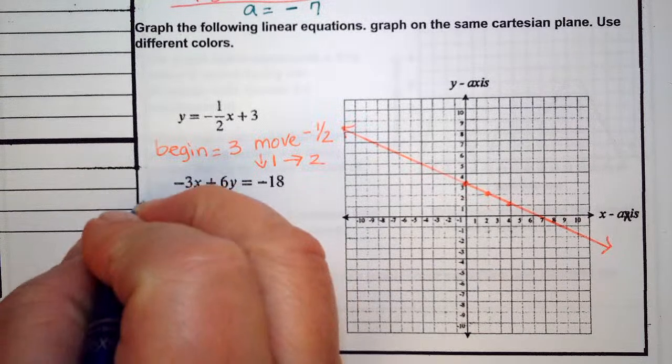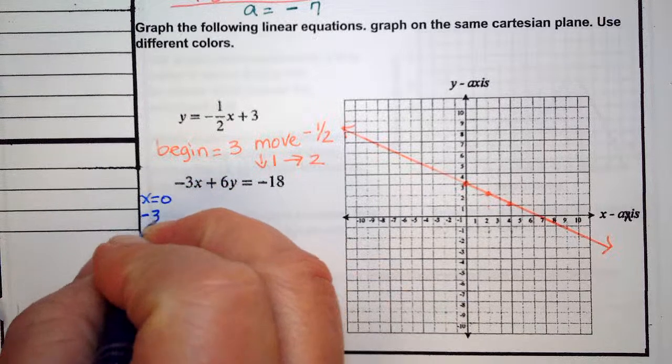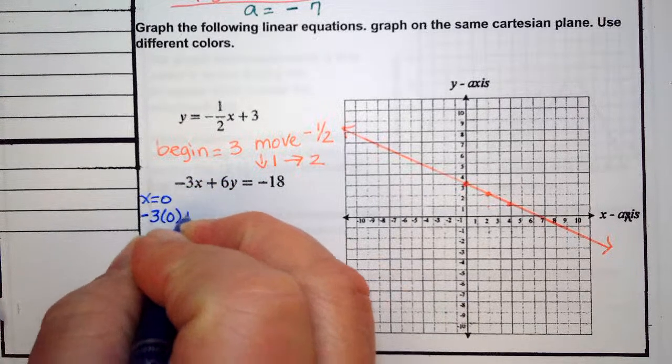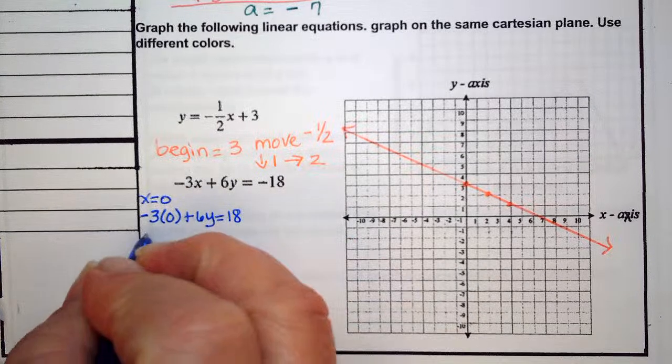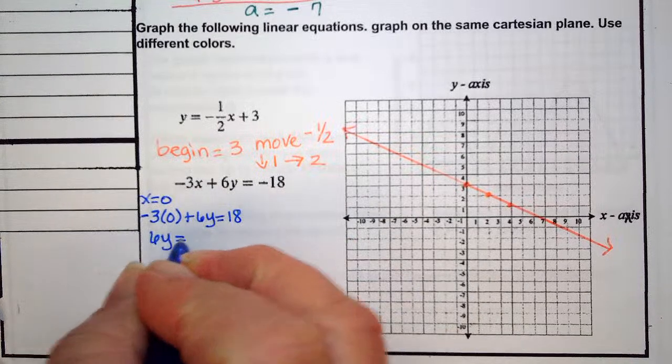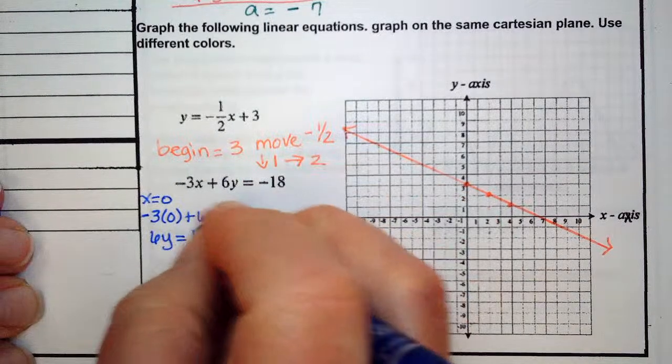So, when x is equal to 0, negative 3 times 0 plus 6y equals 18. 6y equals 18, negative 18. I left out my negative sign there.